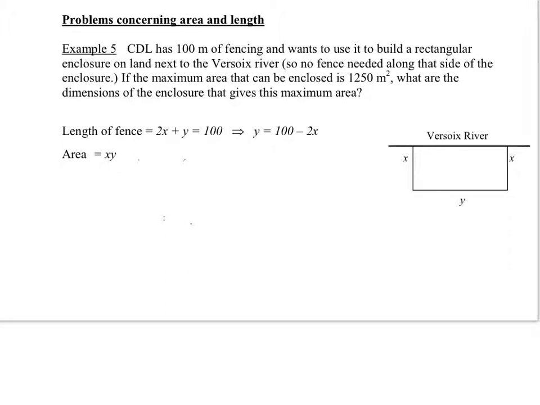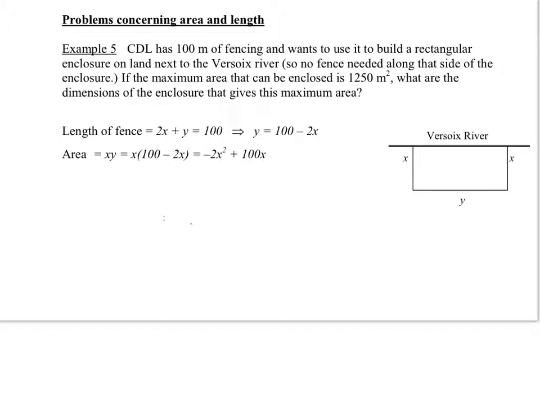Now, since y is equal to 100 minus 2x, we can replace the y in that equation to get x times 100 minus 2x. We can then multiply the brackets out.